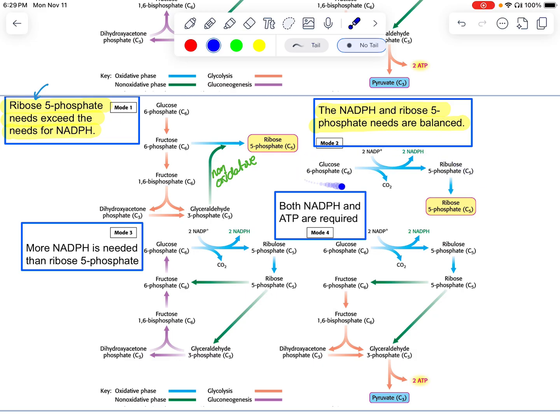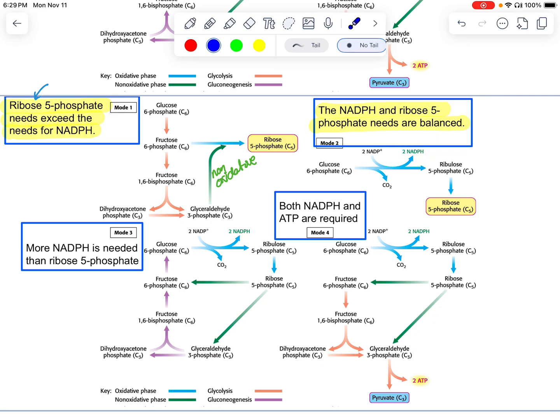For mode 2, we're really stopping mainly after the oxidative phase because we've made both the NADPH and this ribose 5-phosphate, which we want. So we don't want to interconvert it. An example of when your body might be in this mode 2 would be when you have cells rapidly dividing. When that happens, we need lots of our basic material to synthesize our nucleic acids, and we need that NADPH to power that biosynthesis.